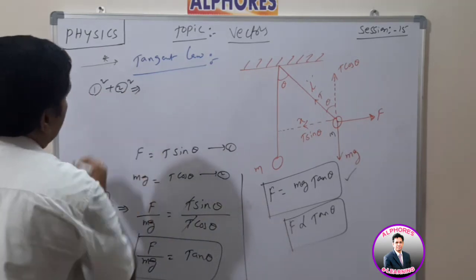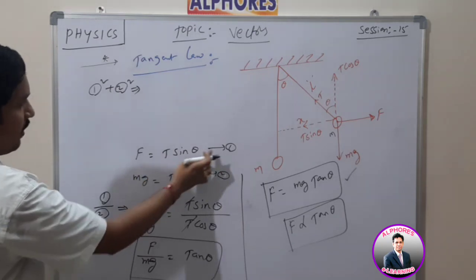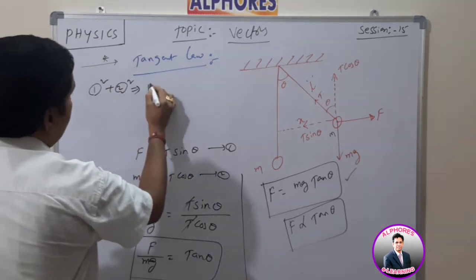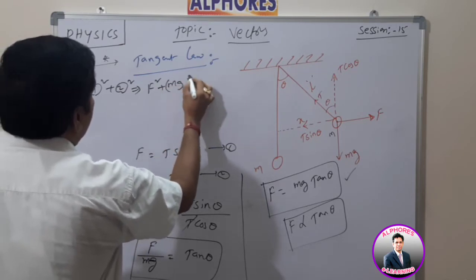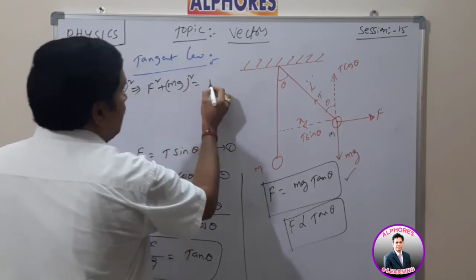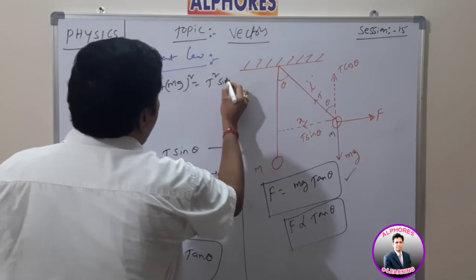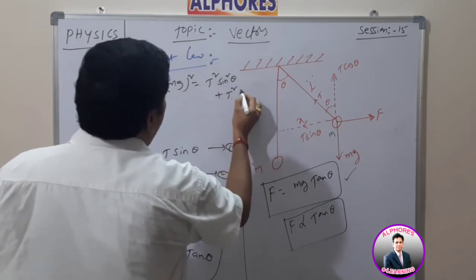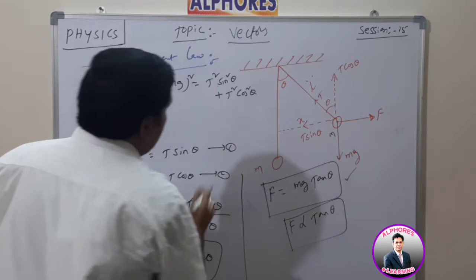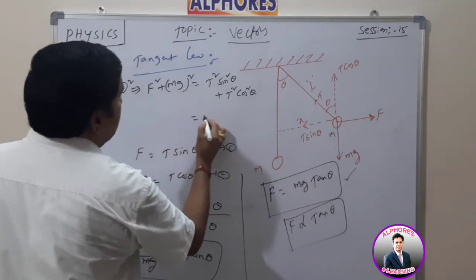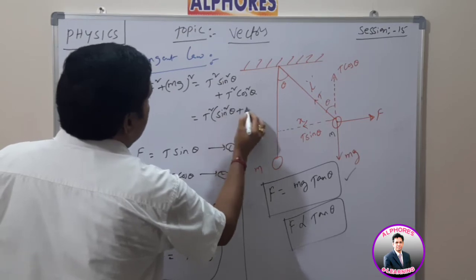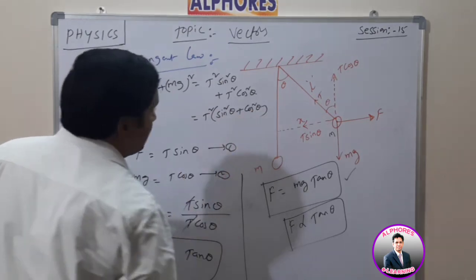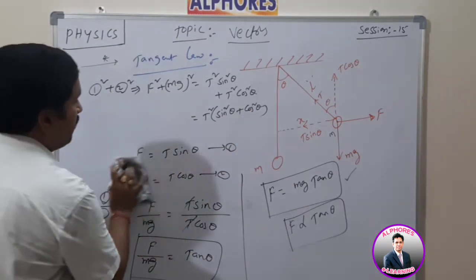From 1 and 2, 1 square plus 2 square means LHS F square plus mg whole square, which is equal to T square sin square theta plus T square cos square theta. In both terms there is T square, so T square into sin square theta plus cos square theta. Then what is the value here?